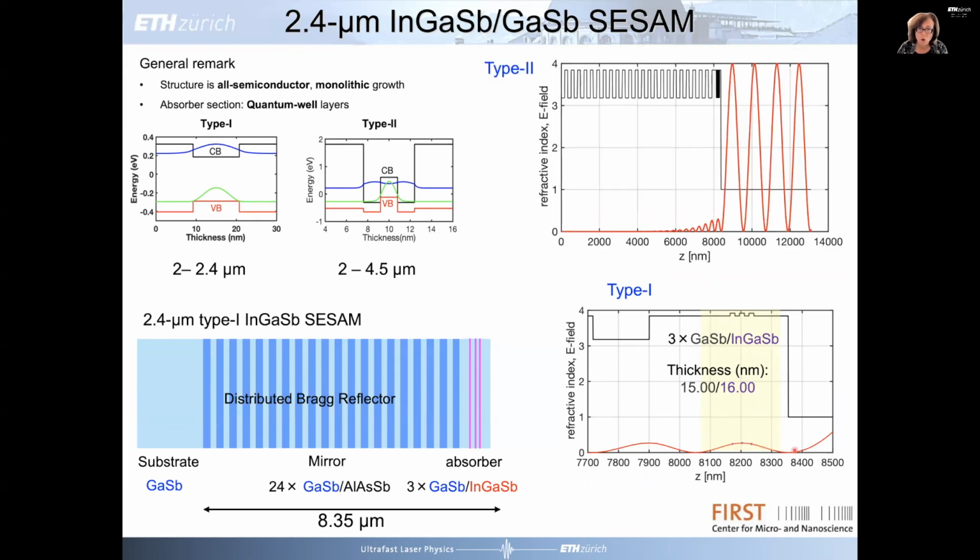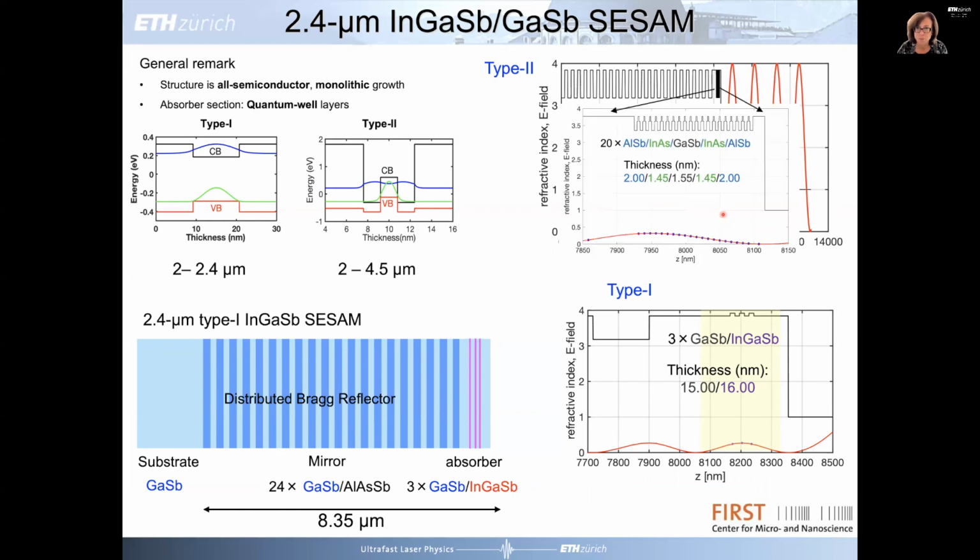But then we also did a type 2 system, also anti-resonant, but with the type 2 we need, of course, to get sufficient modulation depth.